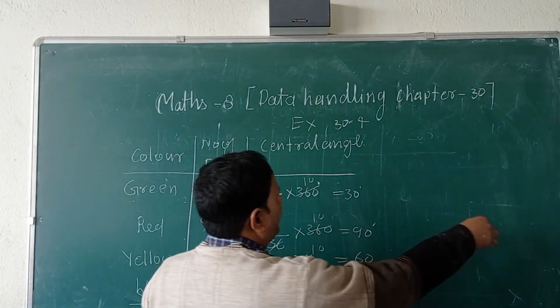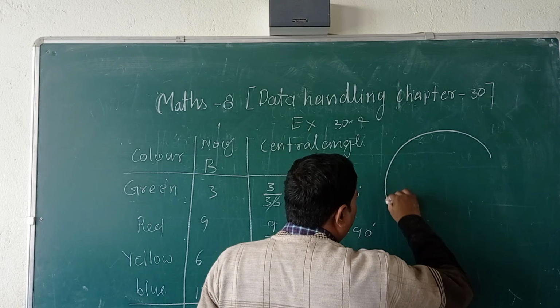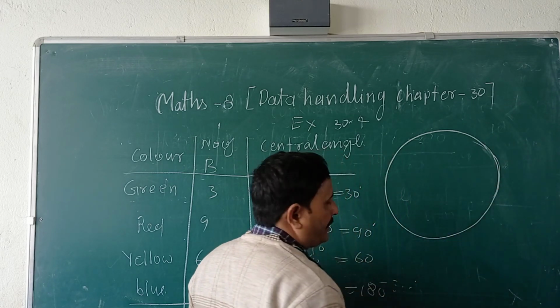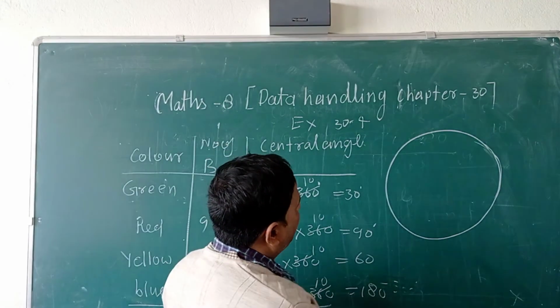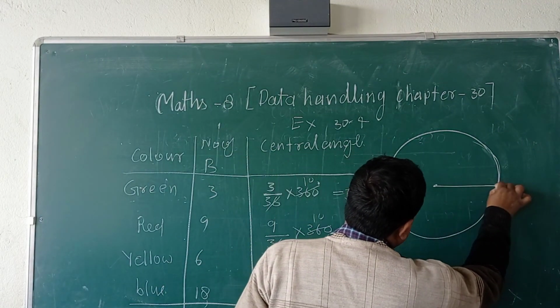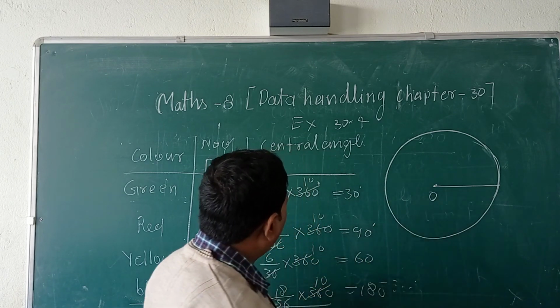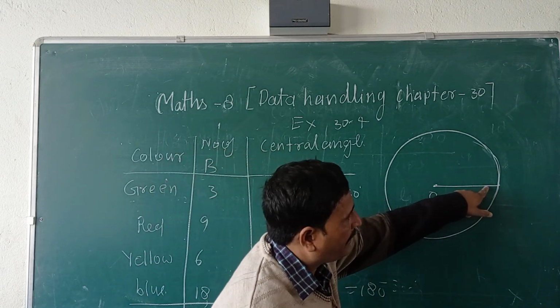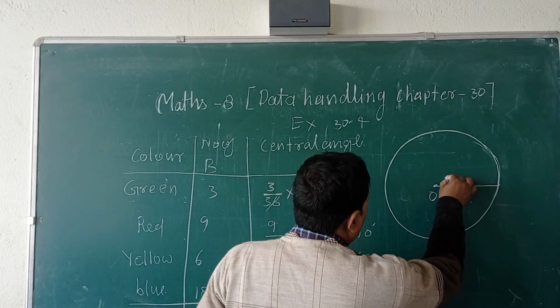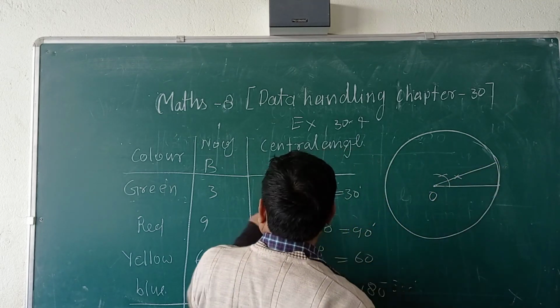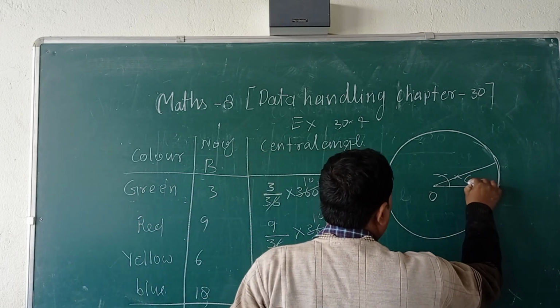Now draw a circle of any radius with a pencil. Join the center of the circle to any point of the circumference. Now construct 30 degrees on this line. This is green color.